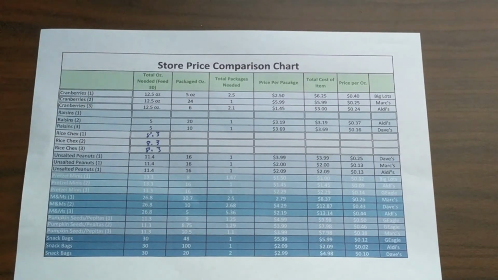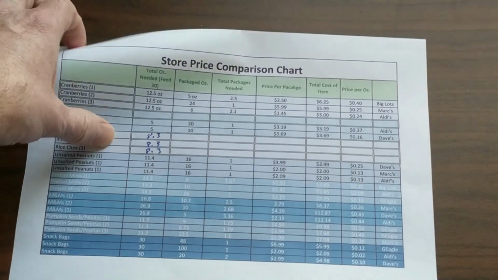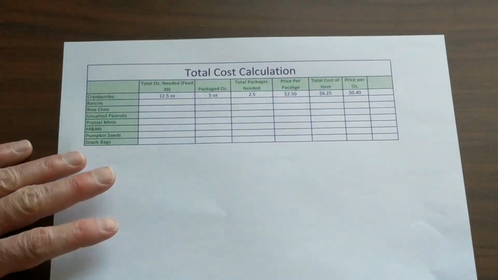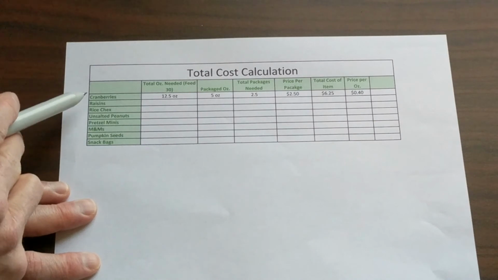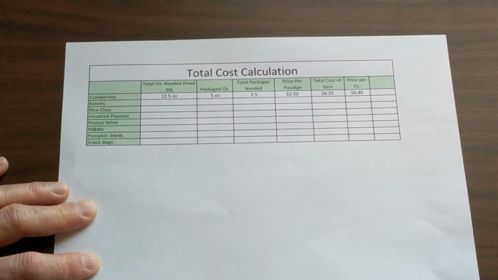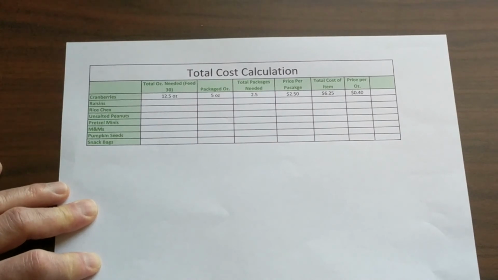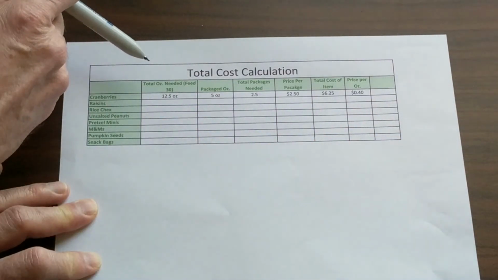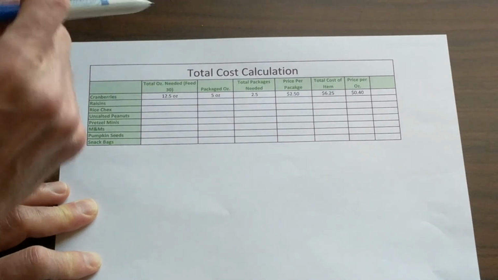And what we'll end up doing on Monday, when we meet again, is we'll put together a table. And we'll look for each of these ingredients. We'll pick which one of the stores had the best value, and then we'll put the information across for that. Some of these columns you've seen before, and we'll fill these in.